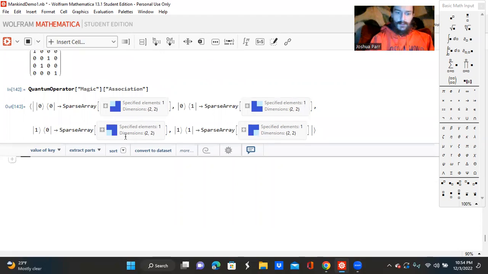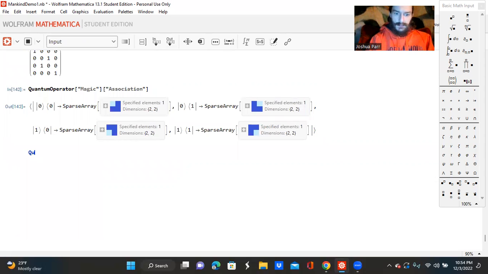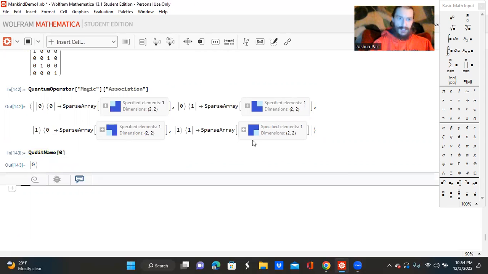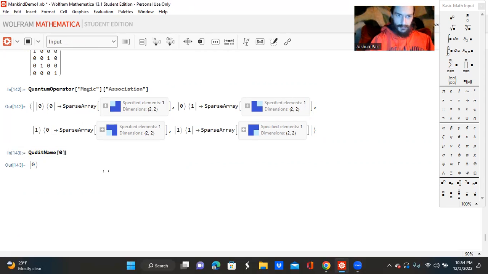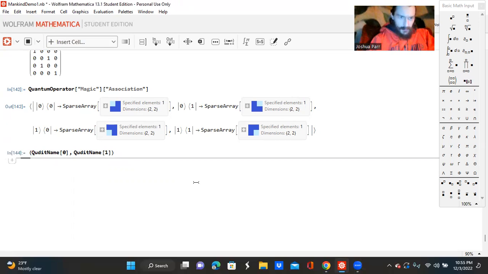The quantum basis, most basic here is... Sometimes it doesn't do what you think it would do.